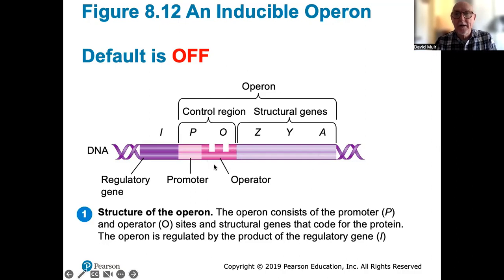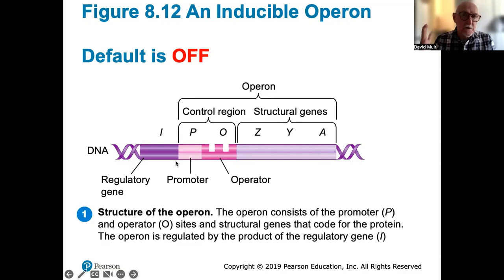It's called the operator, and it is a switch of some sort. Above that is the promoter, and you'll remember the promoter is where RNA polymerase binds initially before it begins transcription of the genes into messenger RNA. So that is the operon: the promoter, the operator, and then the structural genes, whatever they are.